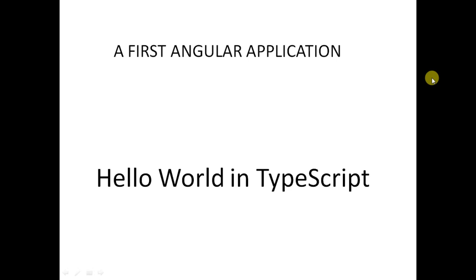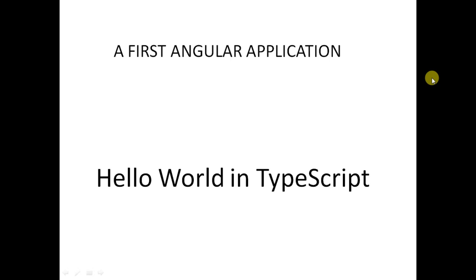Now, Hello World in TypeScript. This first application will be quite minimalistic to get you quickly started programming with Angular. Both files are located in the Hello World TS directory in the downloadable code for the lecture.